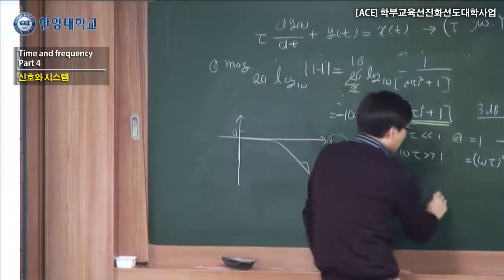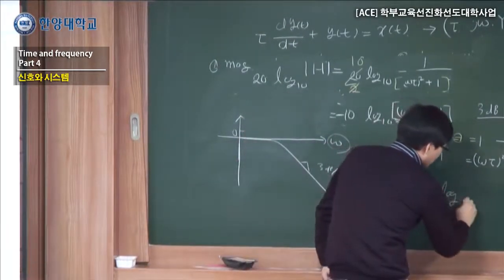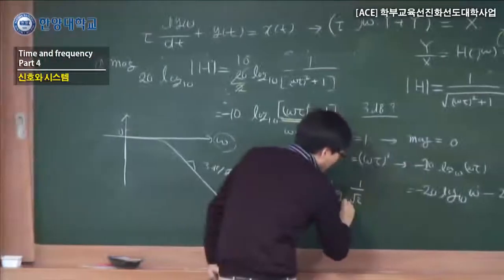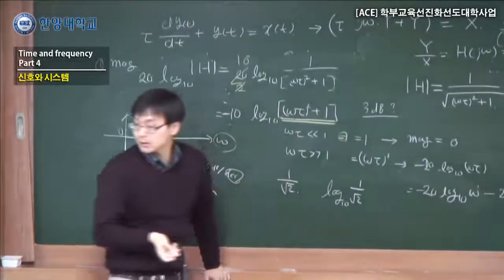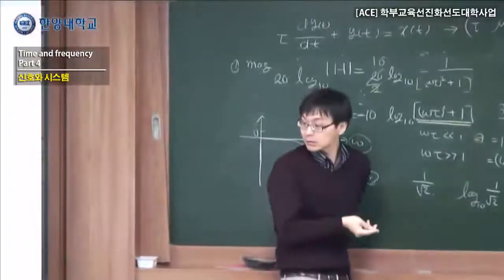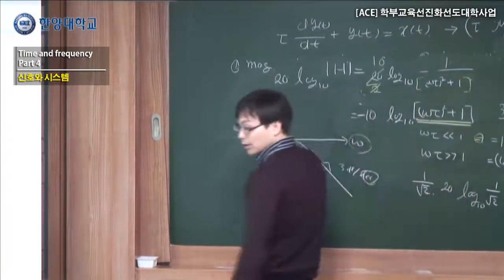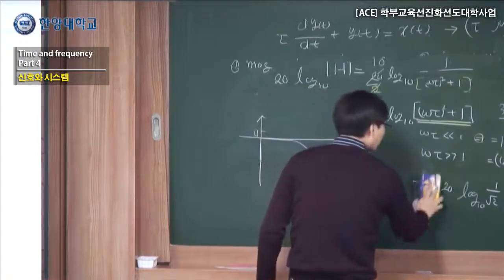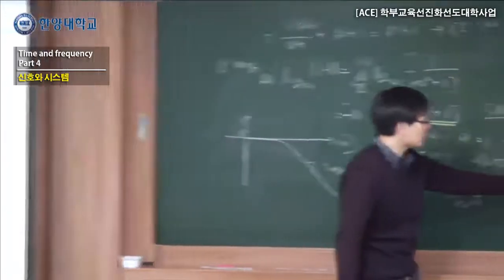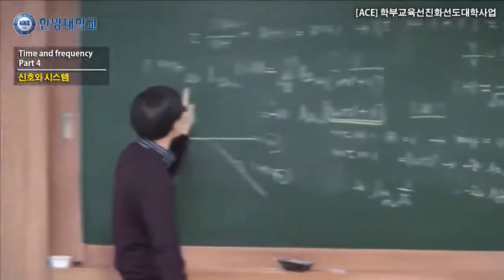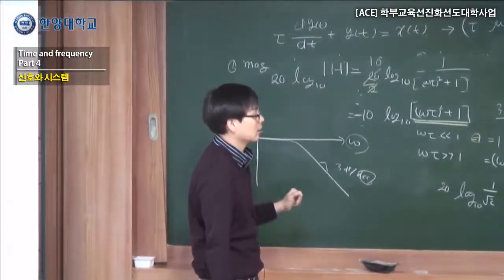And log 10 of root 2, and we add 20 over here, because our system is given as starting from 20 log 10 like that.